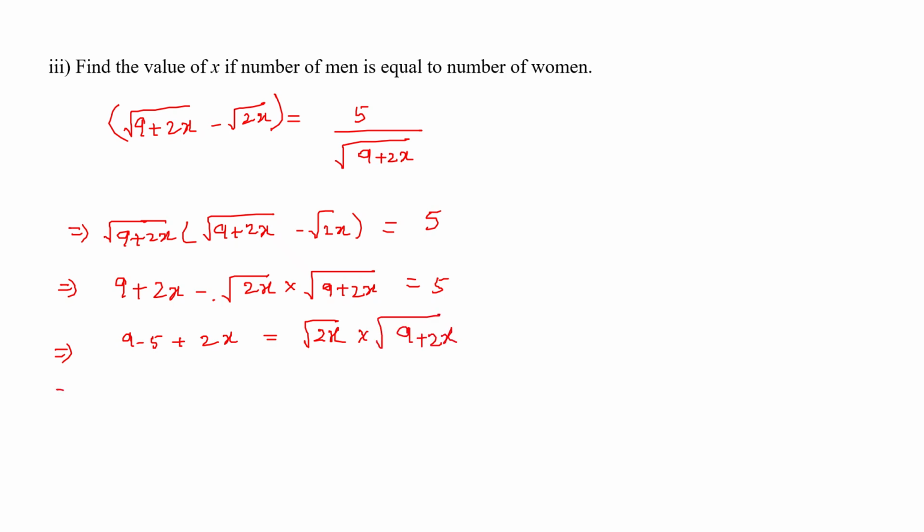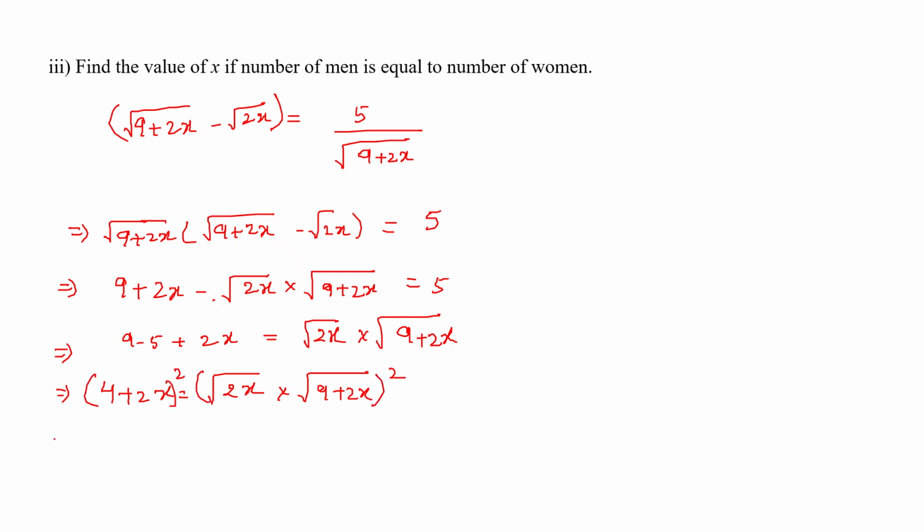So 9 minus 5 will give me 4 plus 2x equal to root of 2x into root of (9 plus 2x). Now I have to get the value of x, but here root is there. If root is there, I cannot find it, isn't it? I have to remove the root. For that, I can square on both the sides.